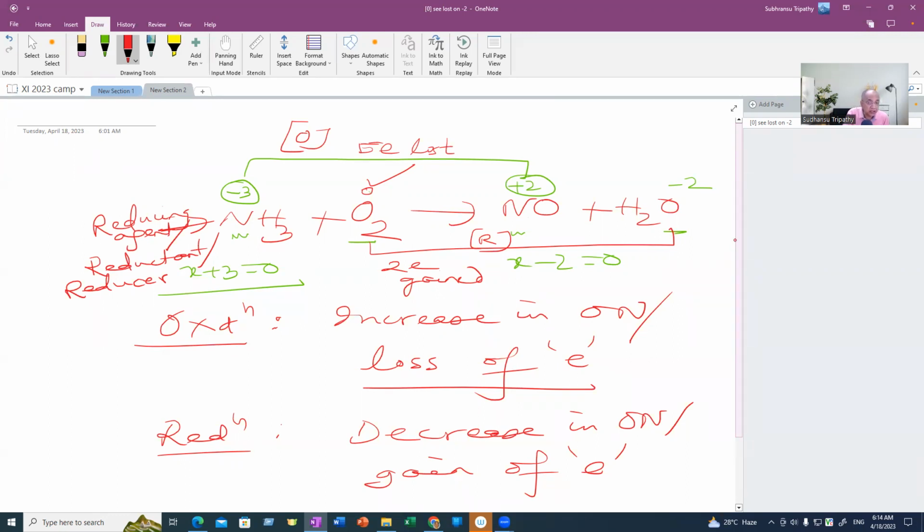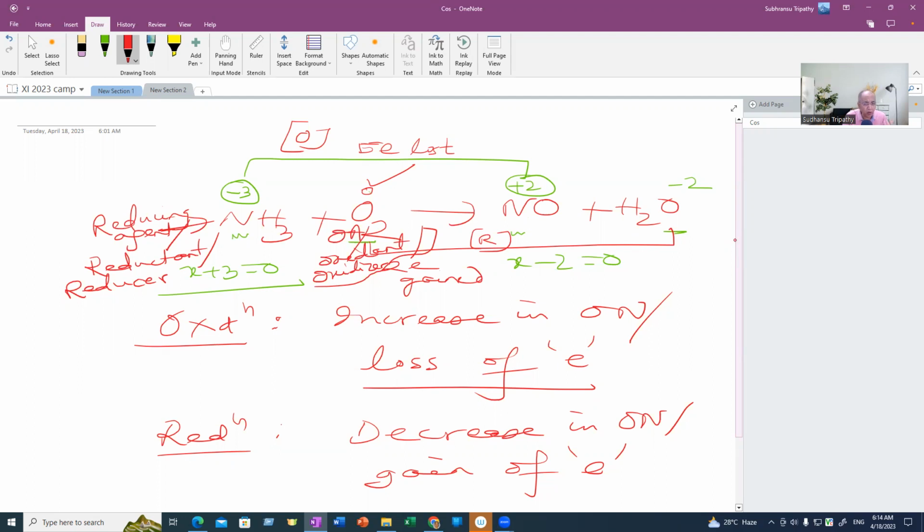Similarly, the one which is itself reduced is the oxidizing agent, OA, or you can call it oxidant, or oxidizer. So in this reaction, ammonia is the reducer and oxygen is the oxidizer or oxidizing agent.